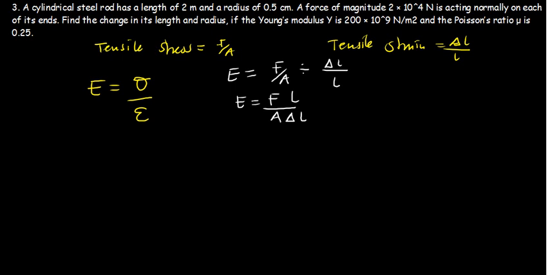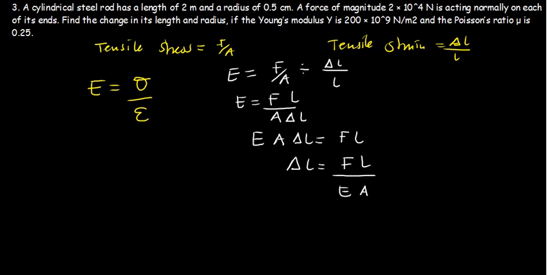Crossing and multiplying, E times area times change in length is equal to force times length, and the change in length is going to give us force multiplied by length divided by E multiplied by area.